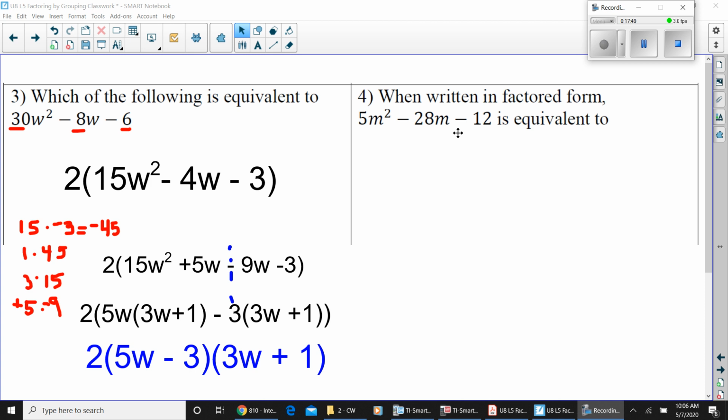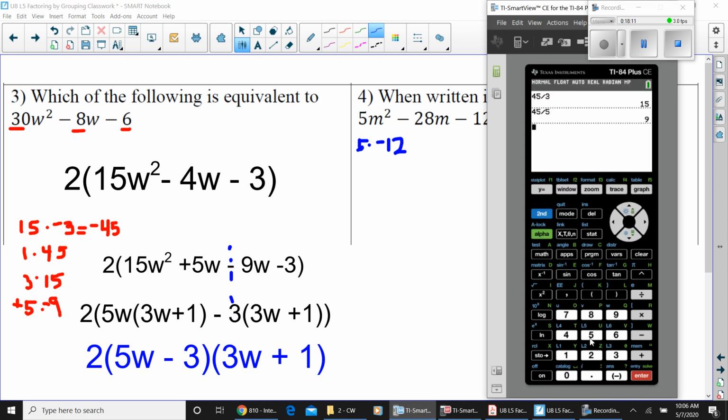All right, so let's just take this one. It'll probably be a little bit easier than that one. So you have 5 times negative 12. And if you don't know what that is, put 5 times negative 12 in your calculator.